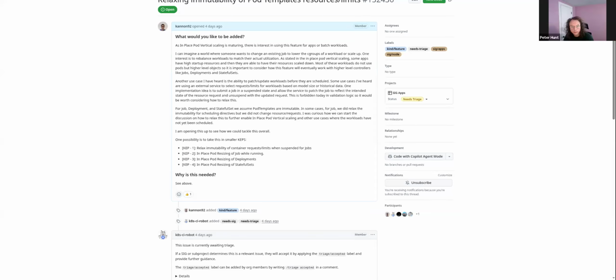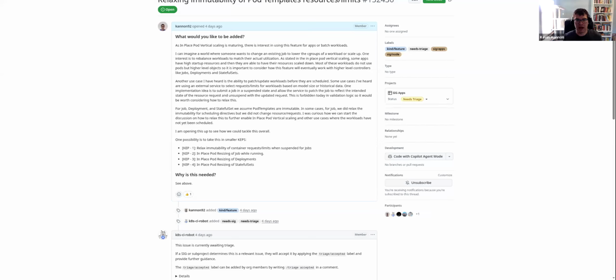Yes. All right, so there's been a Slack chat going around about the next steps for in-place pod vertical scaling. There are two components here. As we all know, in-place pod vertical scaling is beta, and our hope is that workloads like job, deployment, and stateful set could potentially resize pods.